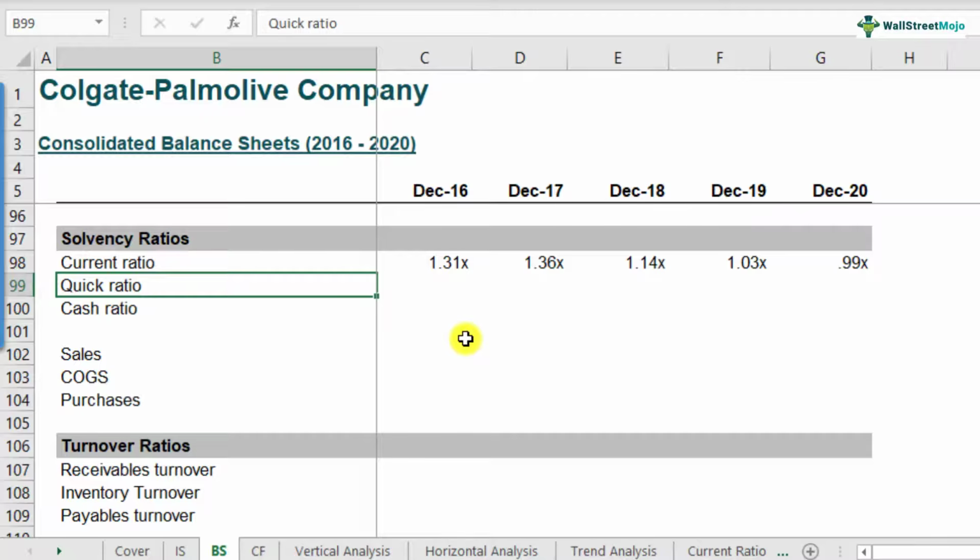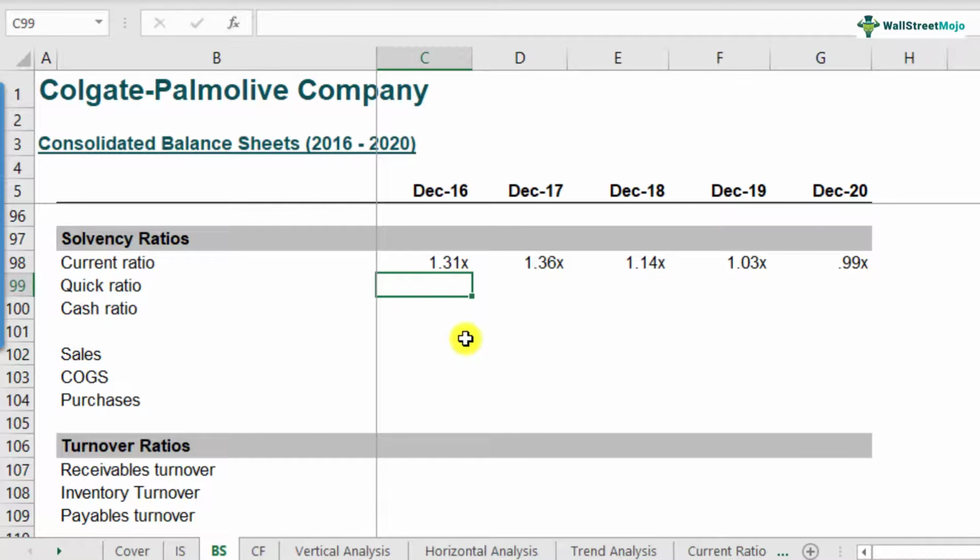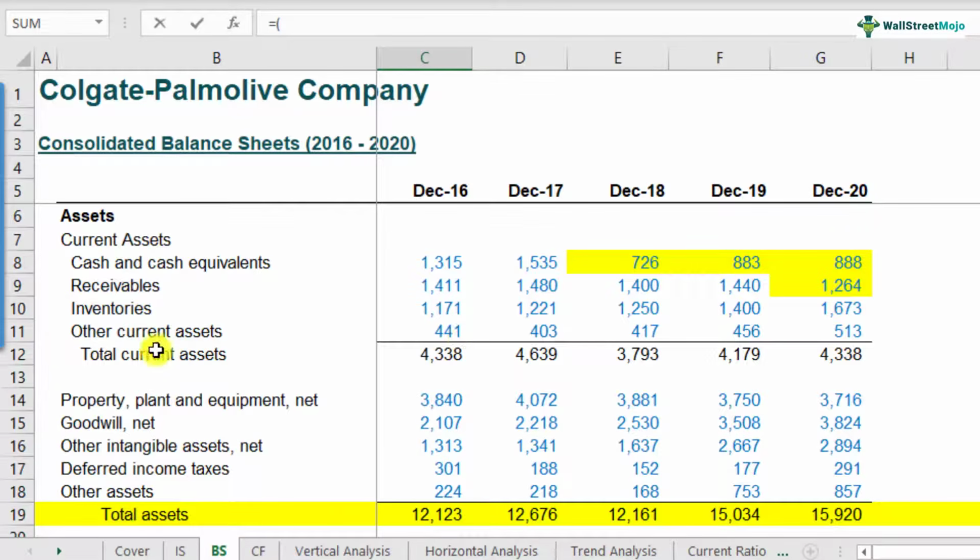And how do we calculate quick ratio? Current assets minus inventory divided by current liabilities. So that's what we will do. So where are the current assets? Current assets are here. This is the total current assets. If you look at what the total current assets comprise of, it's cash and cash equivalents, receivables, inventory, and other current assets. So basically we need to remove inventory from the total current assets for the formula, right?